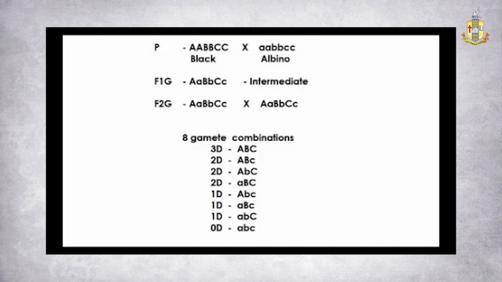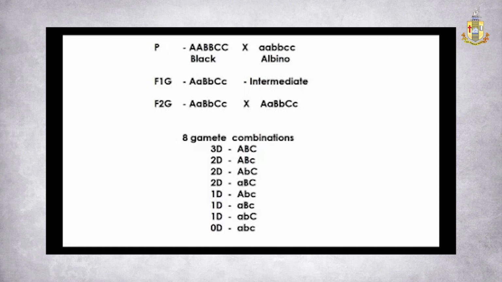Now the dominant gametes fused with the recessive, we have got heterozygous, meaning all 64 offspring are of intermediate skin color. Reason: 3 dominant and 3 recessive genes are present.